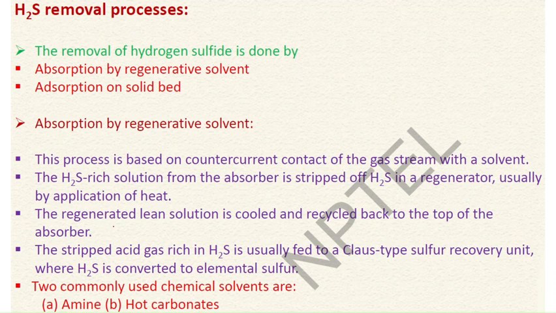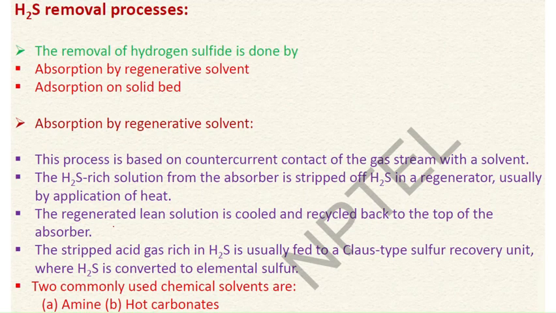Okay. Now coming on to the H2S removal process. During the previous lectures we studied that hydrogen sulfide is the most common impurity present in these crude oil distillate cuts, in our lighter cuts.